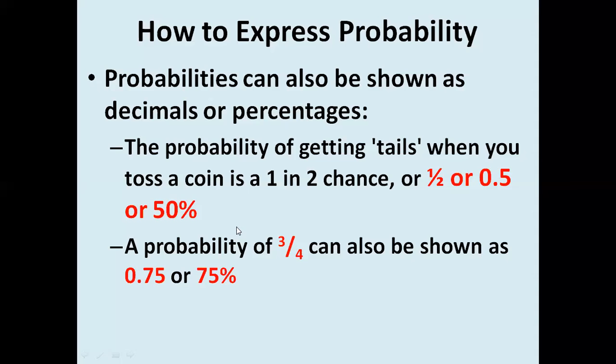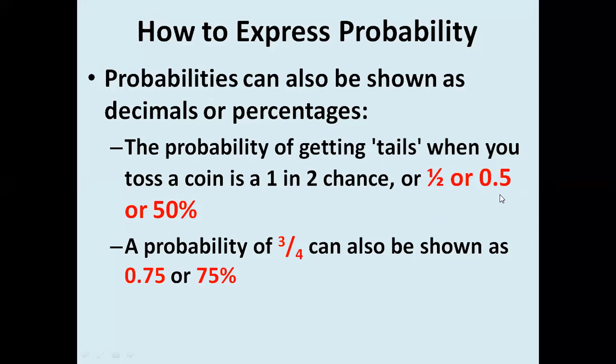Which one we use, it doesn't matter. You choose the one you want, and most of the time we use fractions. Sometimes the question already writes it as percentages, so the question will not tell you which way to express your probability.